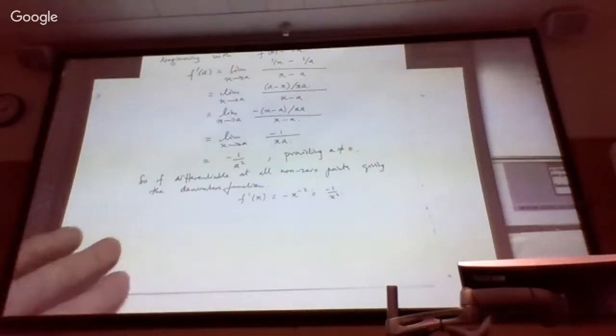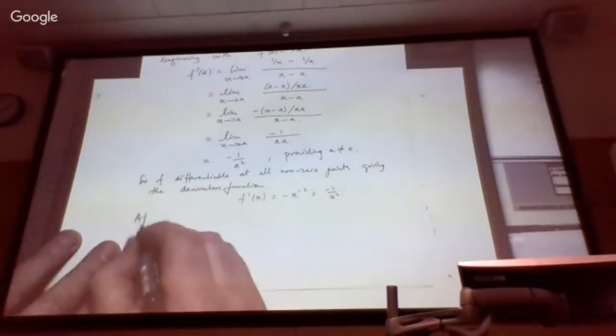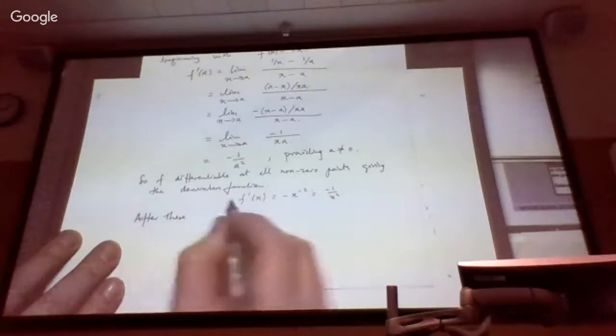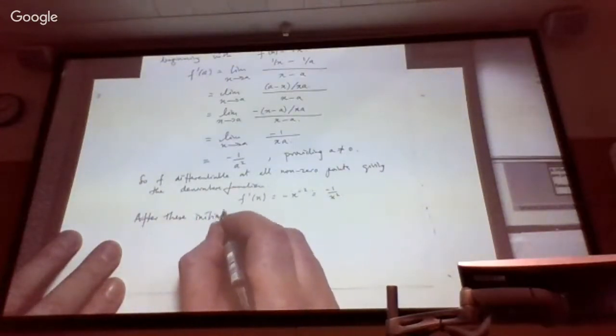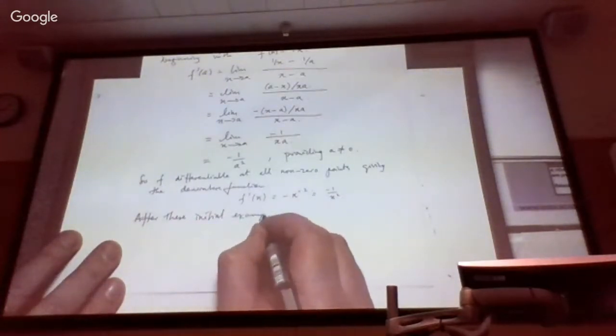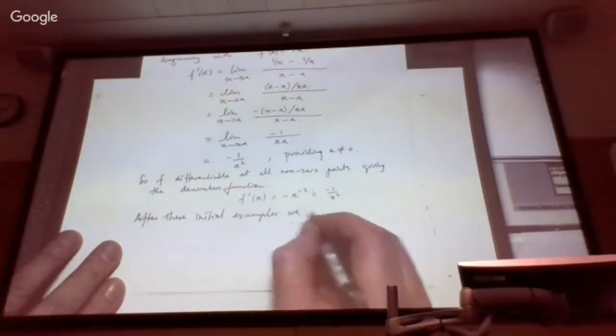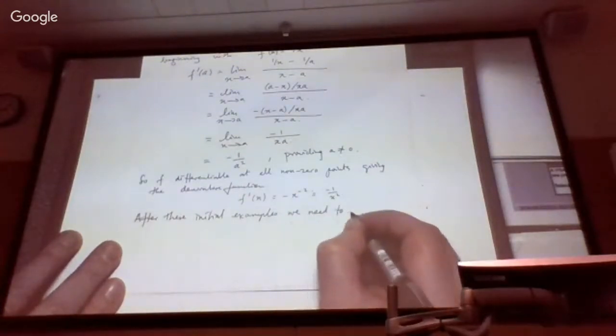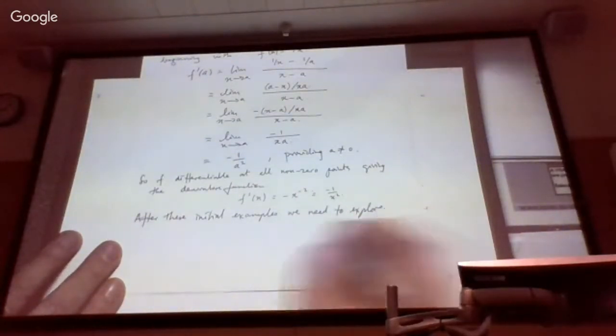So that's a first look. After these initial examples, we need to explore properties of the derivative.